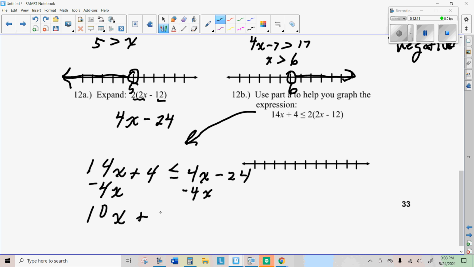And now you can backtrack. Remember that this is negative 24 when you have a minus like that. And so you're backtracking here. I'm going to be dividing by a positive number, so I don't have to worry about the sign changing. So I'm going to do negative 24 minus 4 is negative 28. Divided by 10 is negative 2.8. It's equal. So the graph looks like that.